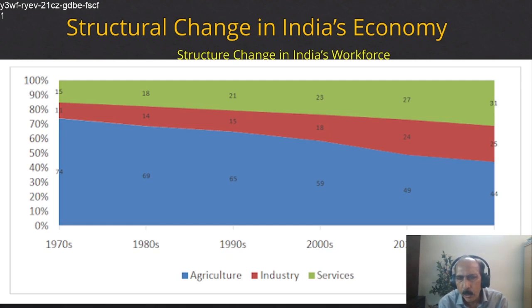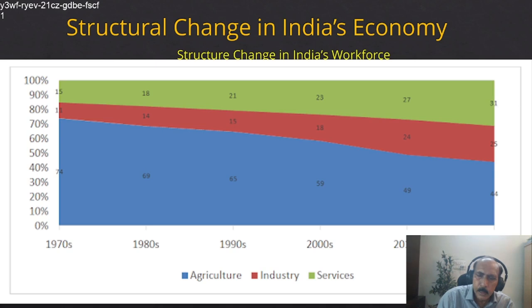But in 2020, you see that the share of agriculture has declined from 74 to 44%, and the share of industry and manufacturing has increased from 11% to 25%, while the share of services has increased only from 15% to 31% during this period, despite the fact that the share of the services sector in GDP has increased from 30% to 61% during this period.